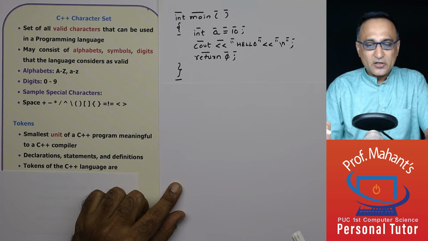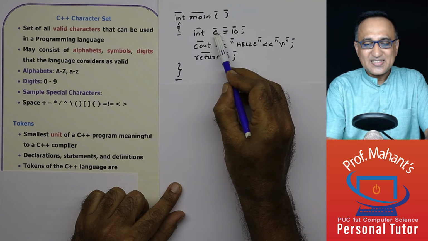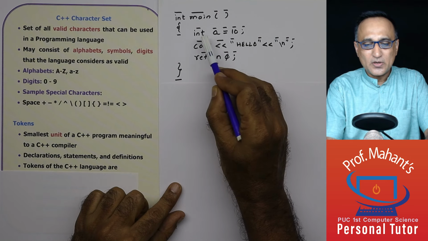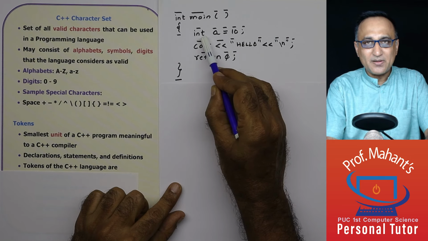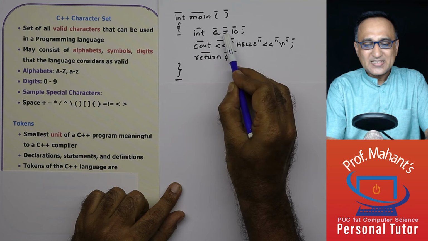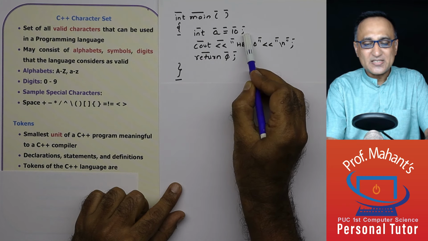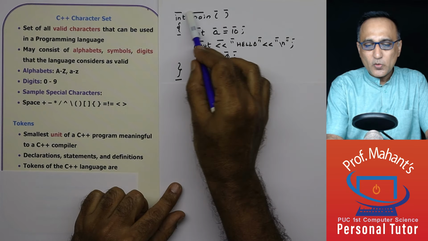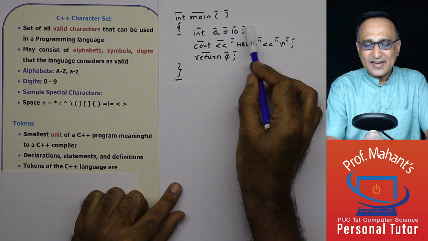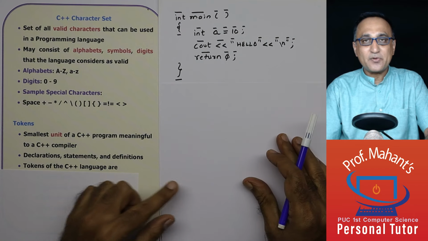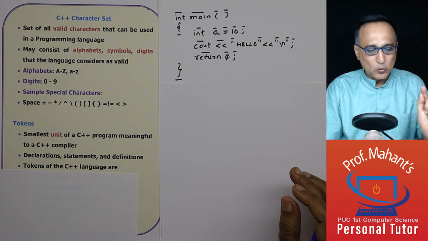Therefore, it's also a token. This is the name of a variable. This is a token. This is the type of the variable, that is integer, is a token. Assignment is a token. 10 as a constant is a token. Semicolon is a token. So all where I have put this highlighting, these are all examples of one single token.